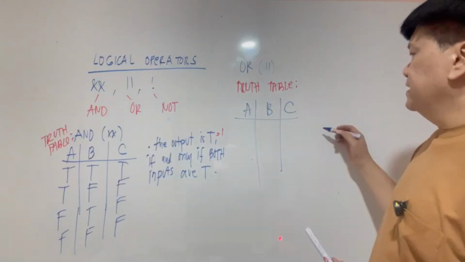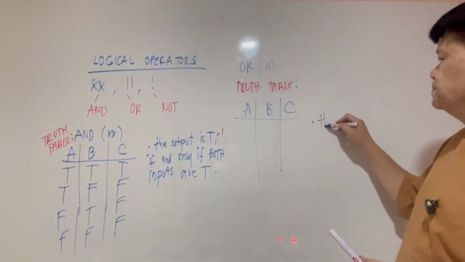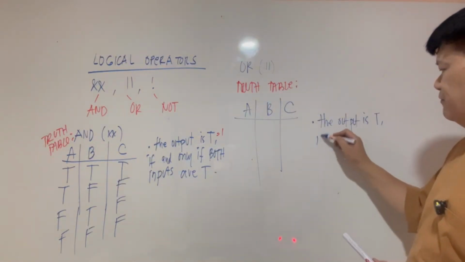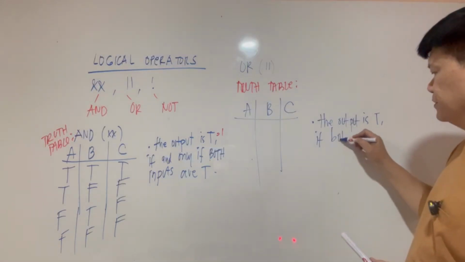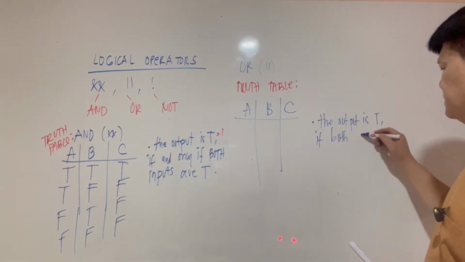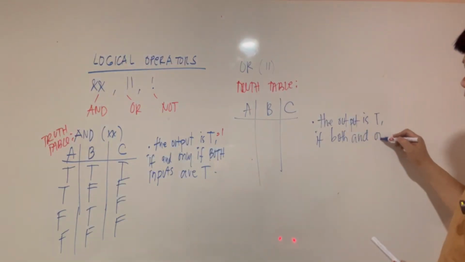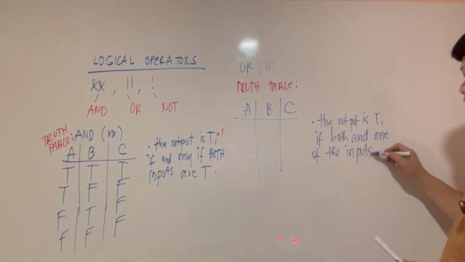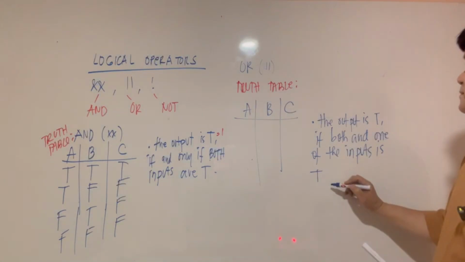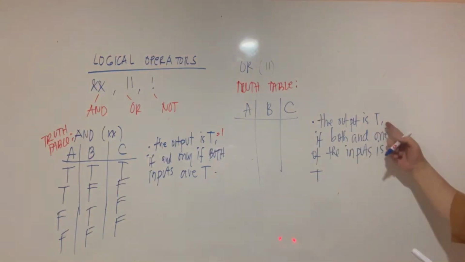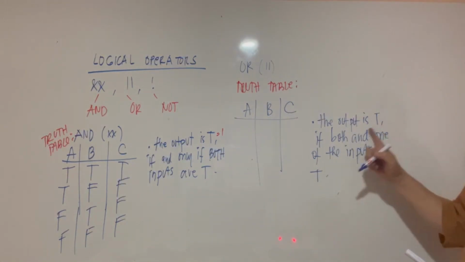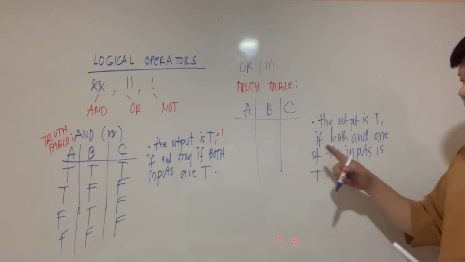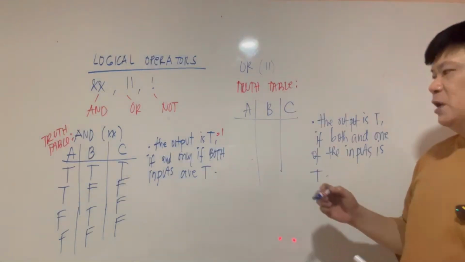C. Now, this is defined as the output is true if both and one of the inputs is true. So that's the definition. Let's apply that to the truth table.